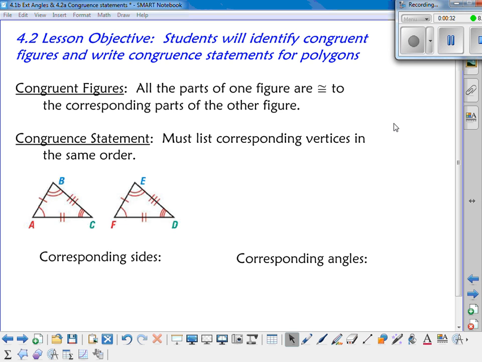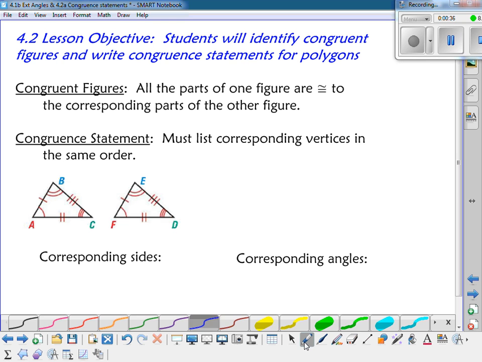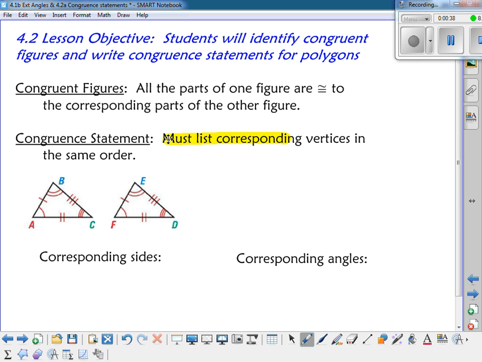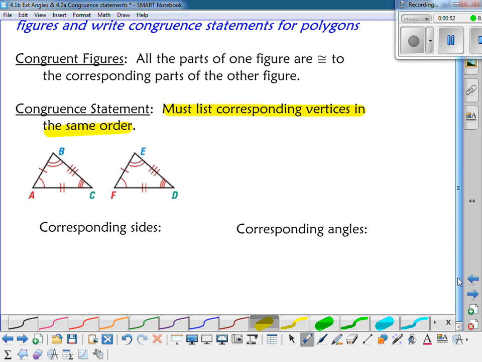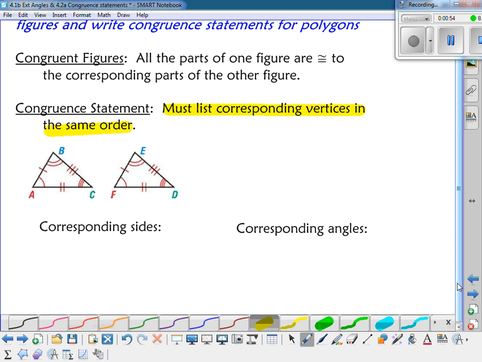When you write a congruence statement, you must list the vertices in the same order. In other words, the corresponding vertices need to have the corresponding position in the congruent statement. So, for instance, let's first talk about what our corresponding sides are in these figures, these two triangles.